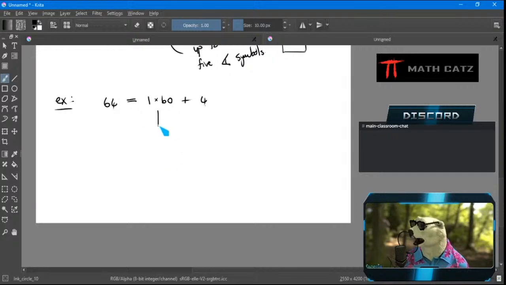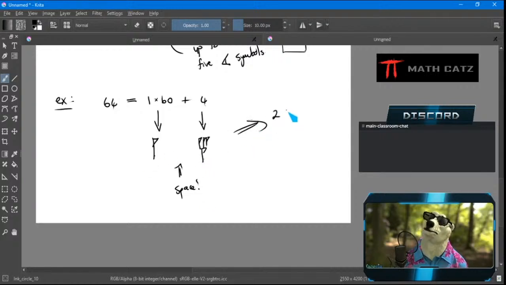So now I'm going to have 2 places in my number system separated with a clear space. I'm going to have one group of 60, space and then 4 ones. A clear space will indicate that this is a 2-place number. It has 2 places.